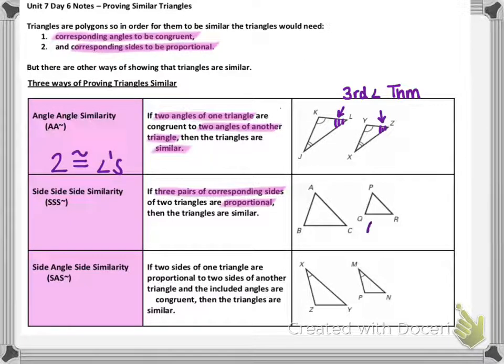I would go ahead and make sure that AB over its corresponding side PQ, that ratio is the same as BC over its corresponding side QR, and make sure that's the same as AC over its corresponding side PR. Make sure all those ratios are the same to make sure that they're proportional. Oopsies, all sides.